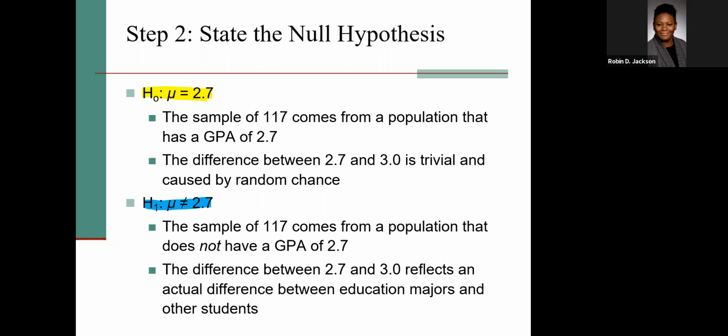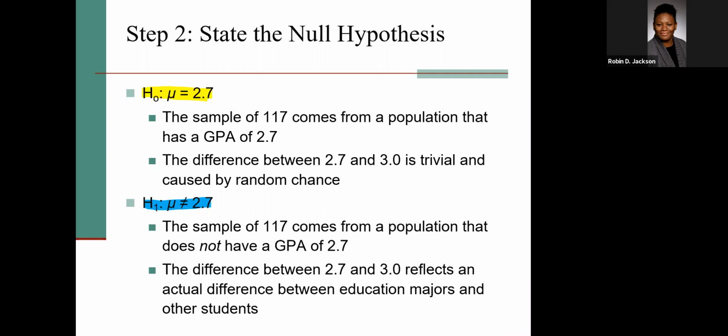There's no real difference between the two. Whereas your research hypothesis is saying there is going to be a difference. It doesn't say which direction that difference goes in, but there is a difference. So that's what's essentially happening right here, and that's what those two numbers state.